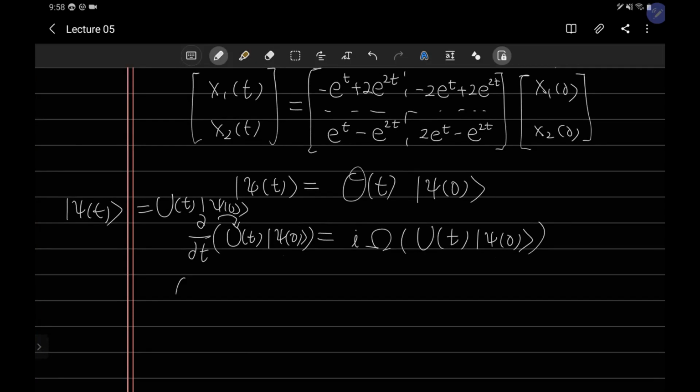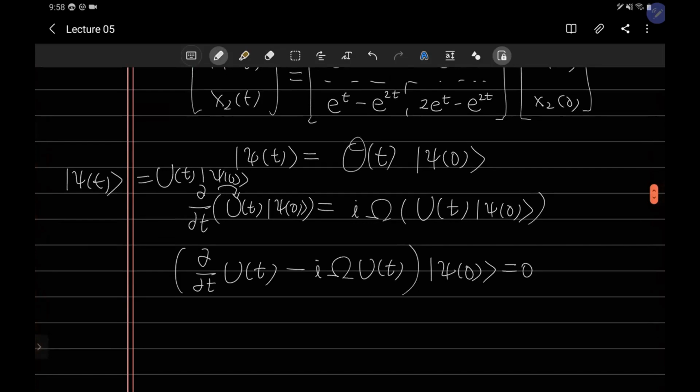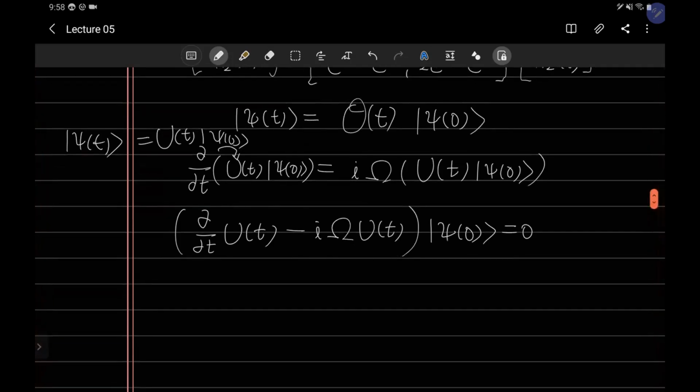So we can also rewrite this equation in this form, minus i omega u of t, multiplied by this initial condition or initial vector, and this u of t should satisfy this equation whatever the given initial condition is, which means that this equation by itself should be valid.